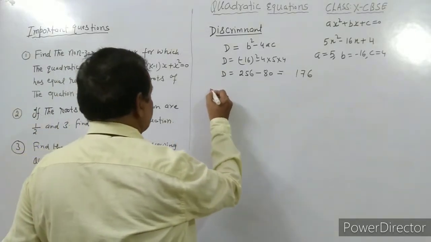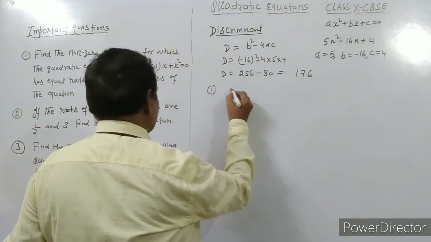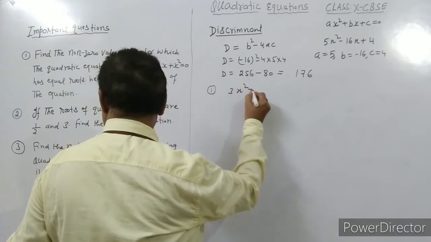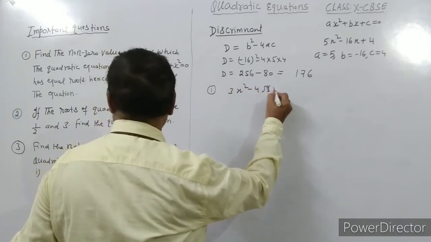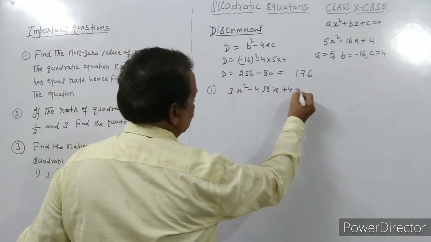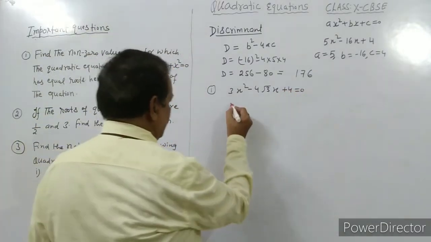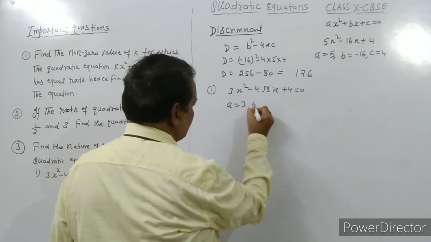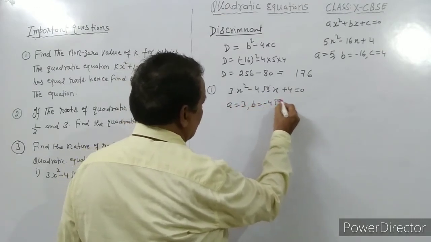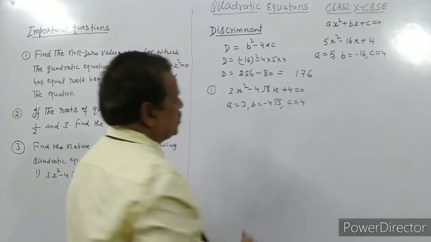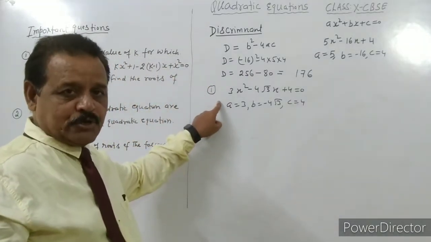Question number one: 3x square minus 4 root 3 x plus 4 is equal to 0. We have to find the nature of the roots. Here a is equal to 3, b is equal to minus 4 root 3 and c is equal to 4, on comparing with the standard equation.